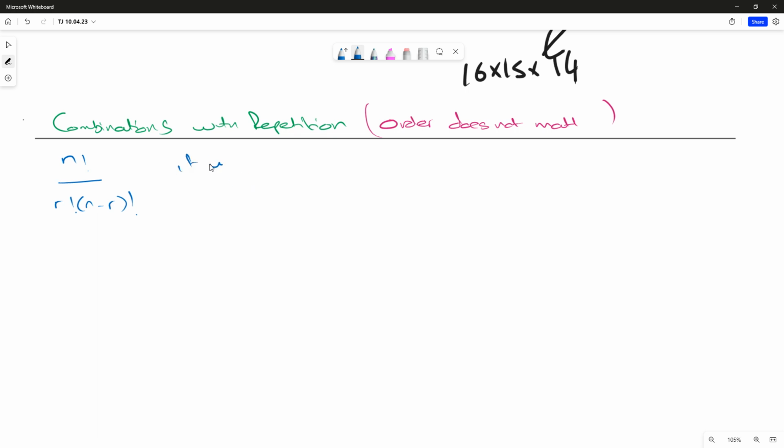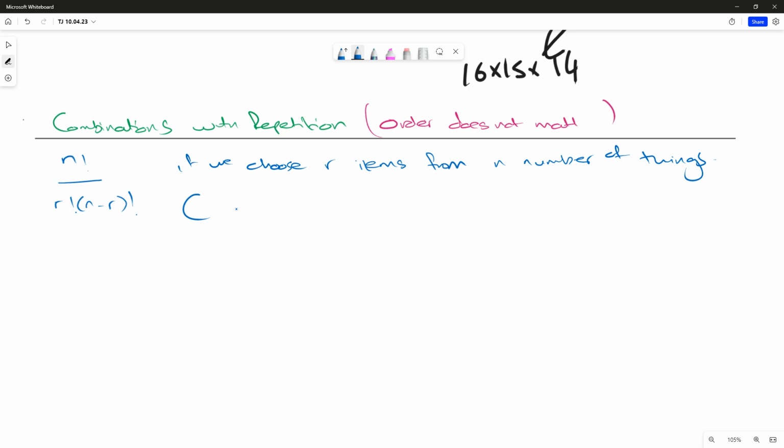So if we choose r items from n number of things, then this is what we follow.